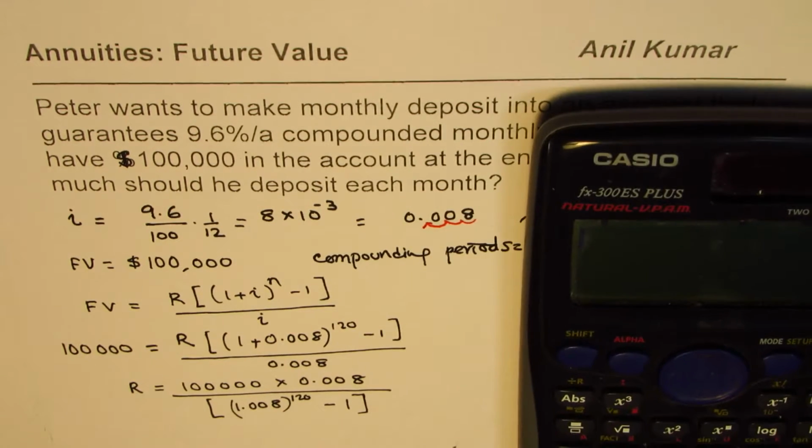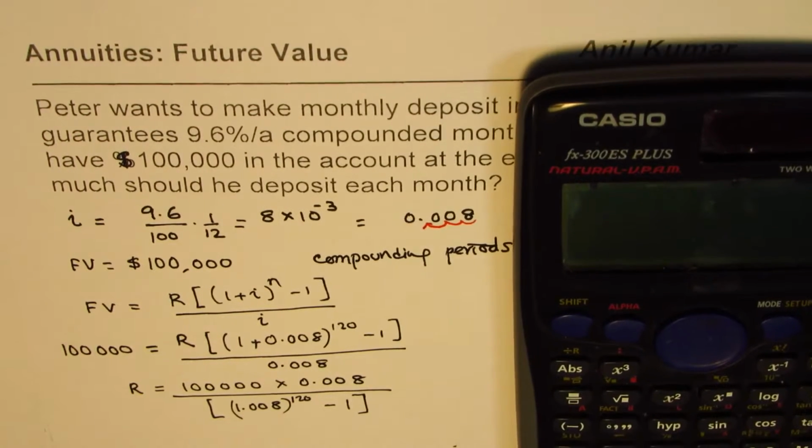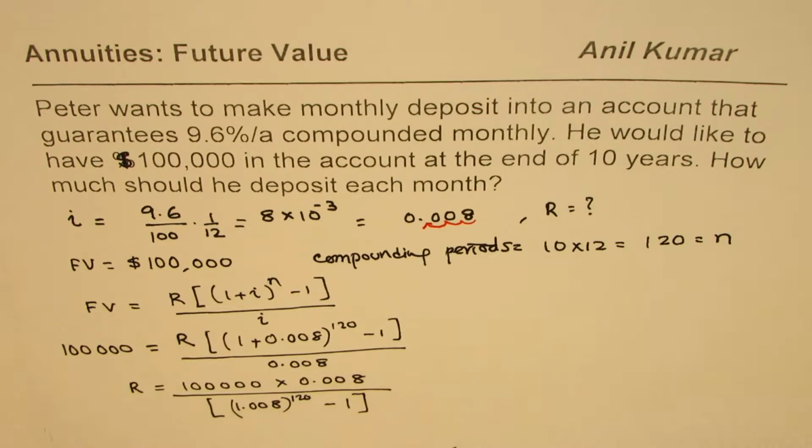So let's do it. What I will do here is do it in two steps. We have 100,000 times 0.008, which equals 800, right? So let me take it to this side.